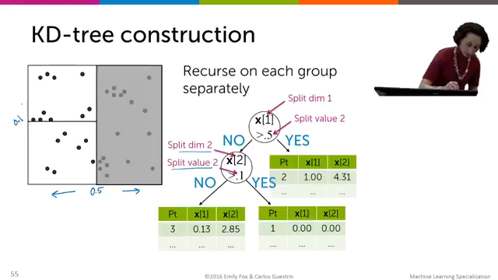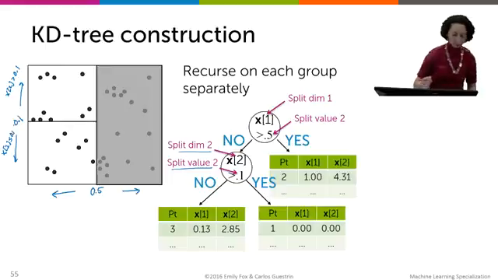So here's the value 0.1, and here, these are cases where the second feature is greater than 0.1, and here, these are cases where this second feature is less than or equal to 0.1.